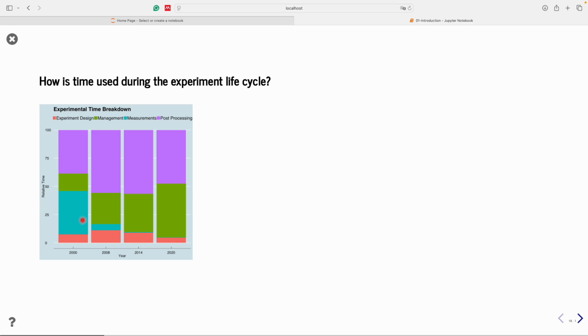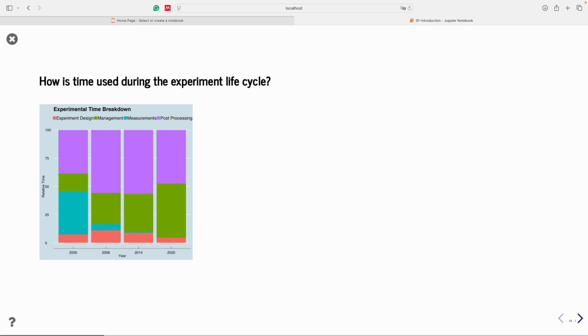And with time, you can see that the experimental part is shrinking to almost nothing, because today's experiments, as I said, can produce terabytes of data in very short time. Then you really have a problem with managing how to take care of the data, how to store it, how to copy it. Just copying a terabyte of data takes time.